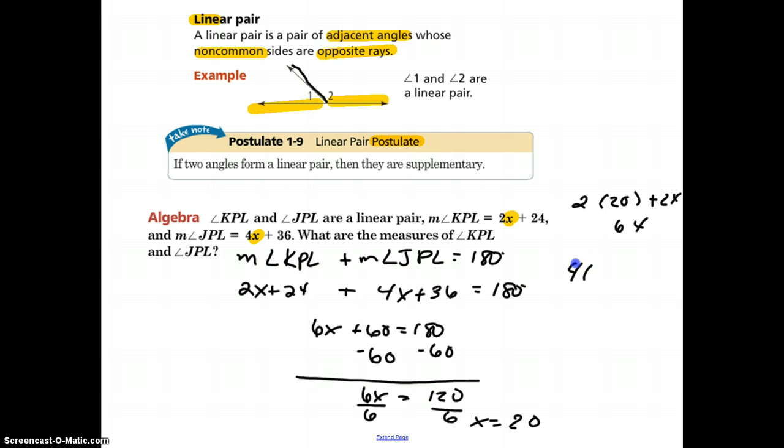So 4 times 20 plus 36. So 80 plus 36 is 116. Now, a good way to check, we know these are supplementary. They should add up to 180. So 116 plus 64 is 180. So we know we've got the right stuff. Good job, you guys. You're awesome.